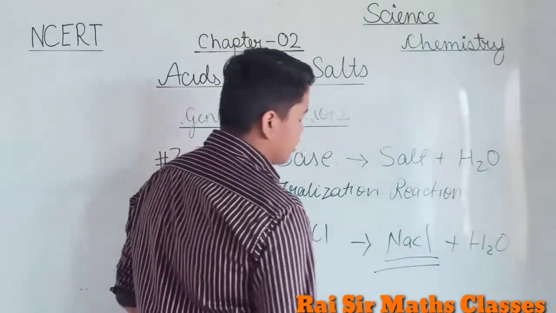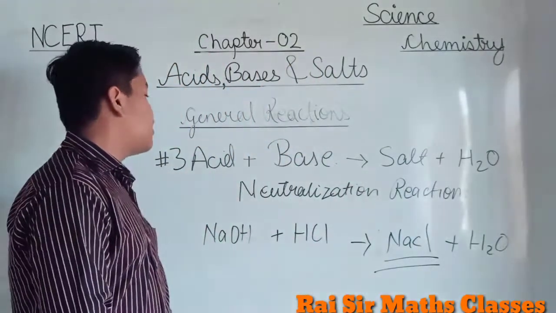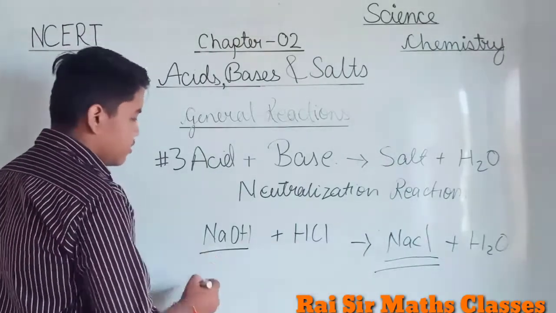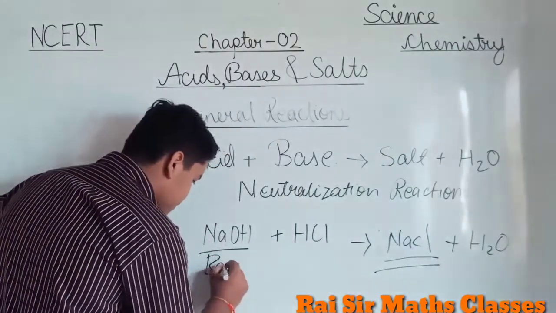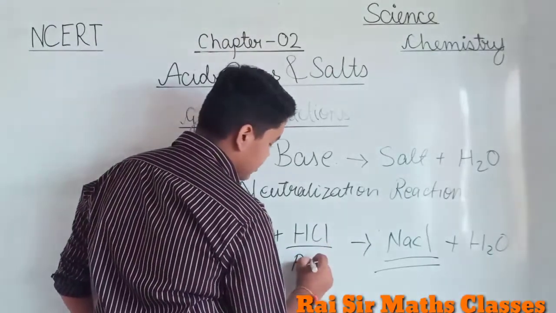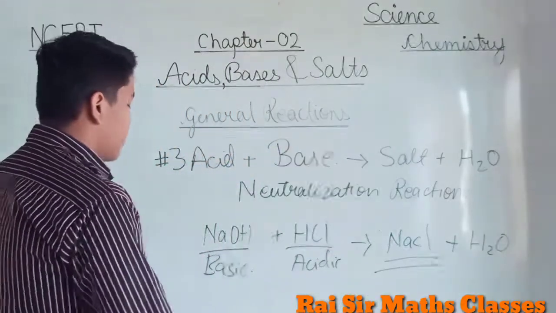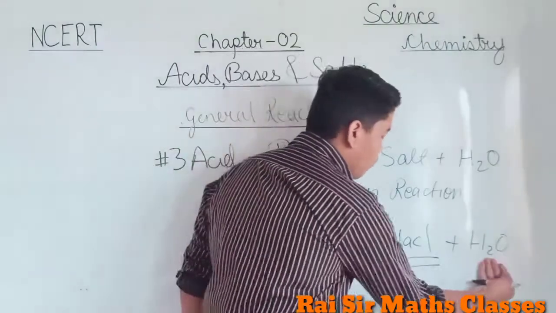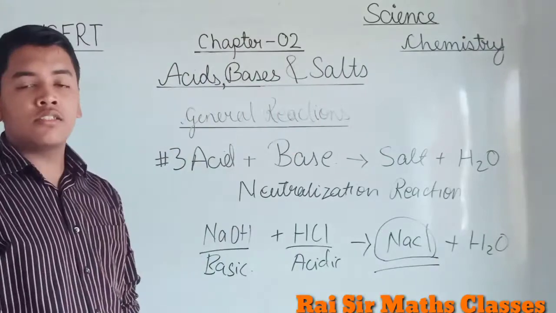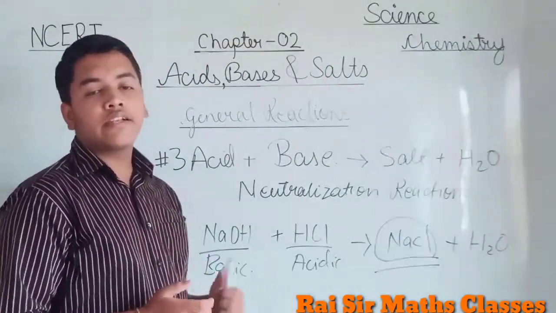We get the common salt, NaCl, and a little water is formed in this type of reaction. As you can see, this one is basic in nature and this one is acidic in nature. So when acid and base react, they form water with salt. NaCl is the common salt which we use in our kitchen for eating. So this is about NaCl when acid and base react.